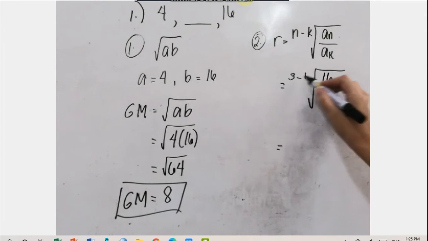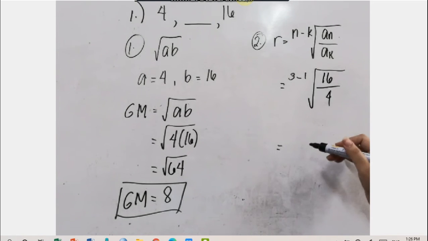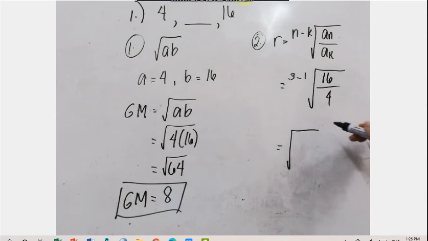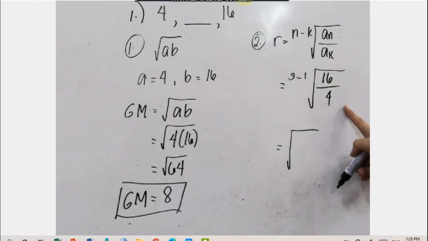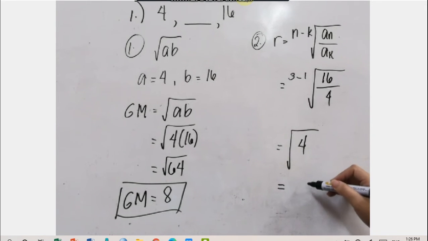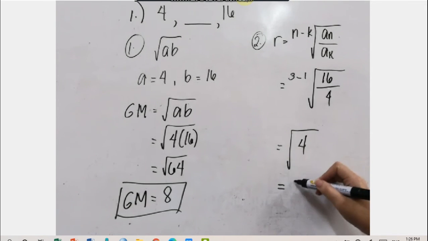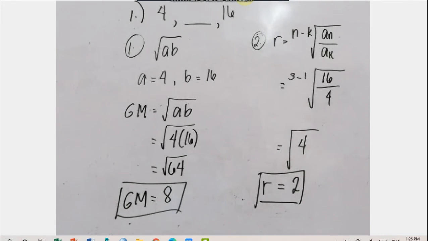Alright? 3 minus 1, we have 2. No need to write 2 here because we already have a square root. So 16 divided by 4, we have 4. The square root of 4 is 2. That is our common ratio. So we already have a common ratio, right?